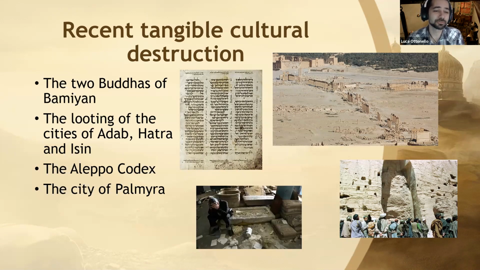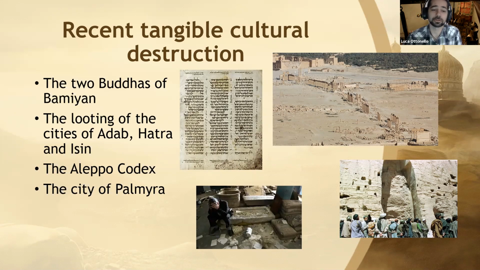Then there was the looting of the cities of Adab, Hatra, and Nazin in Iraq during the American invasion. Again, this was complete destruction or taking away of artifacts that disappeared completely. Because the lists of these artifacts have also disappeared, we don't even know what was there. So that's another problem due to conflict that seems to be unresolvable.